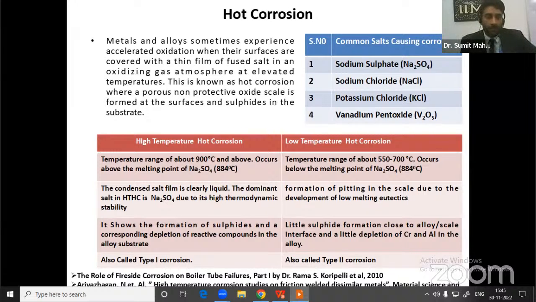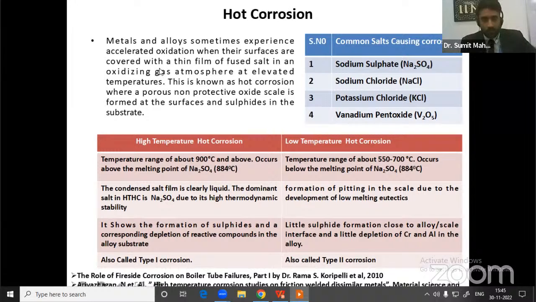When the heat is not dissipated properly, it causes thermal cycling in the material, and due to that thermal cycling, scaling occurs on the material and the material will fail easily, or you can say the material will fail before its designed life.